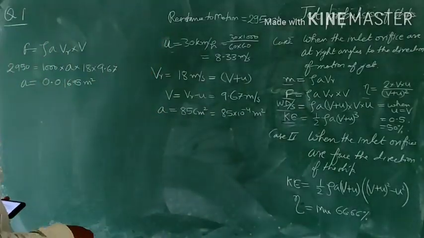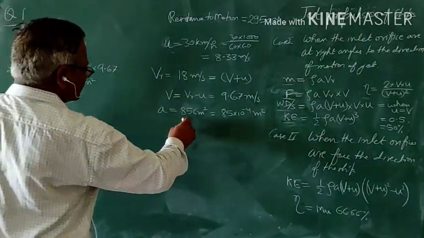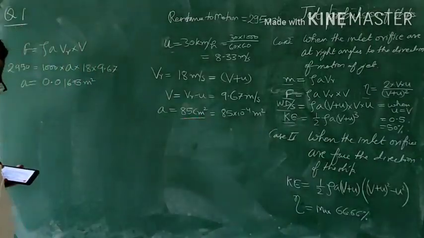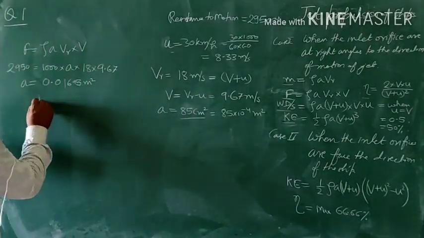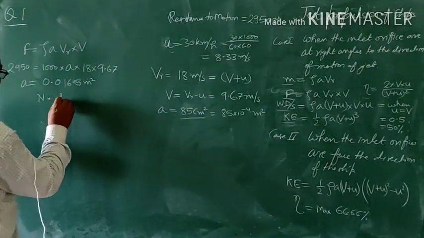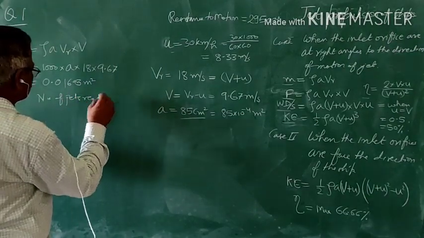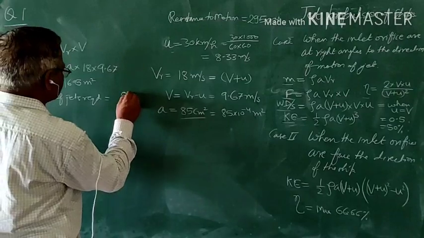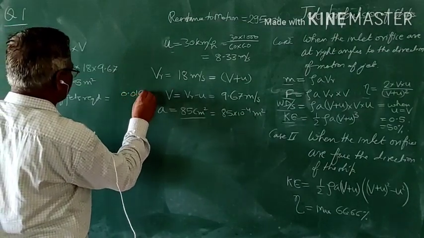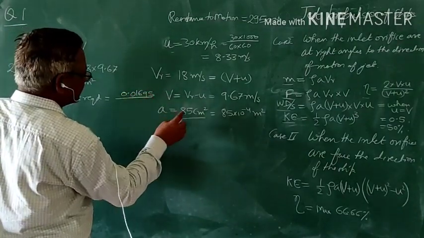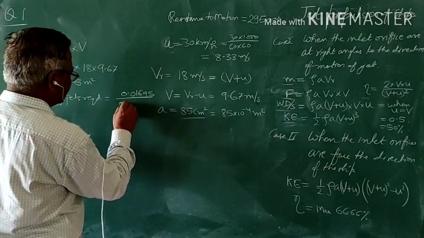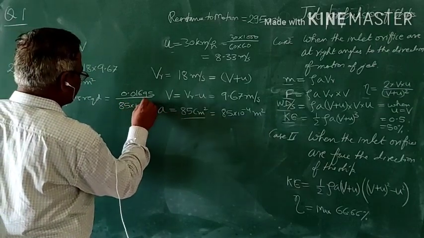But we know that one jet is having this much area. So the number of jets required will be the total area required, 0.01695, divided by the area of one jet, 85 into 10 to the power minus 4.